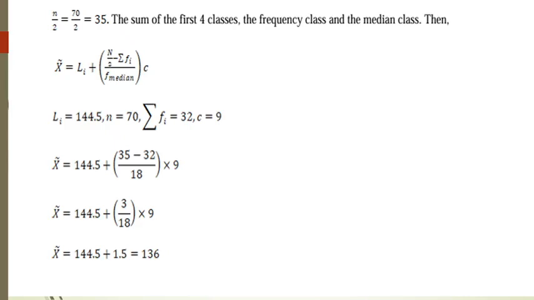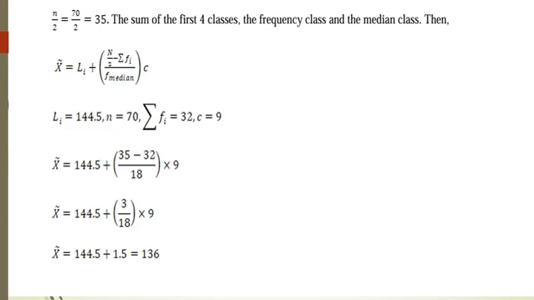Then the class containing the 35th value, we check for the class containing the 35th value, since the cumulative frequency is up to the previous class. So any class previous to our median class is our CF previous. Then we divide by the frequency of the median class.